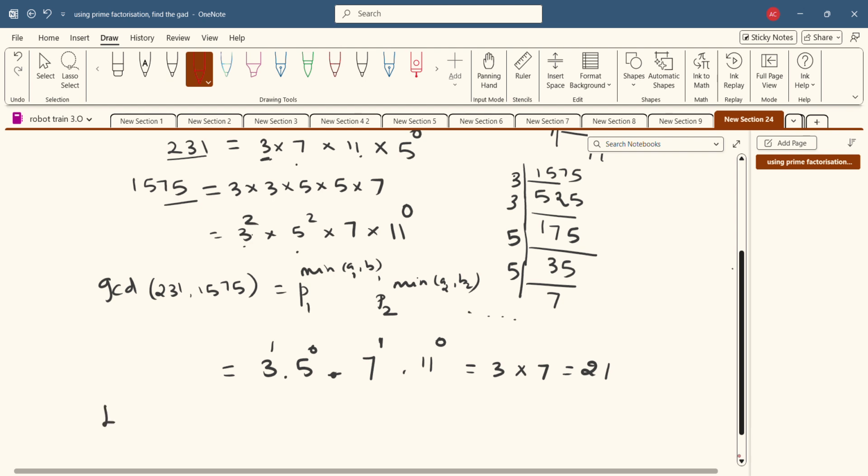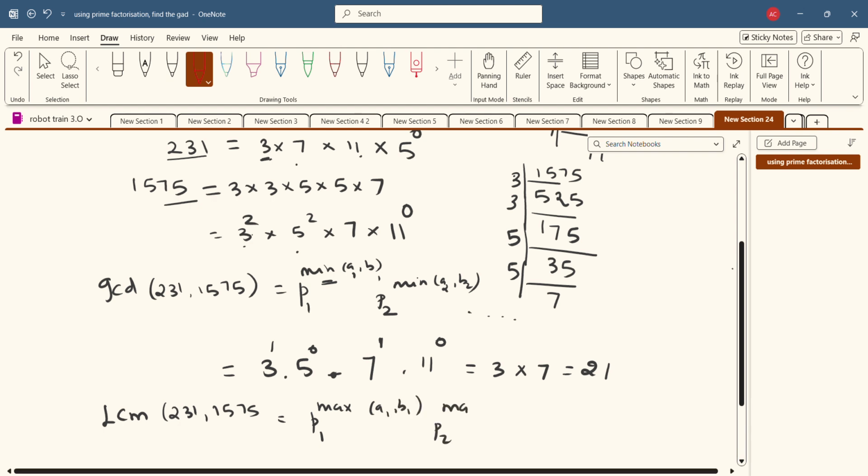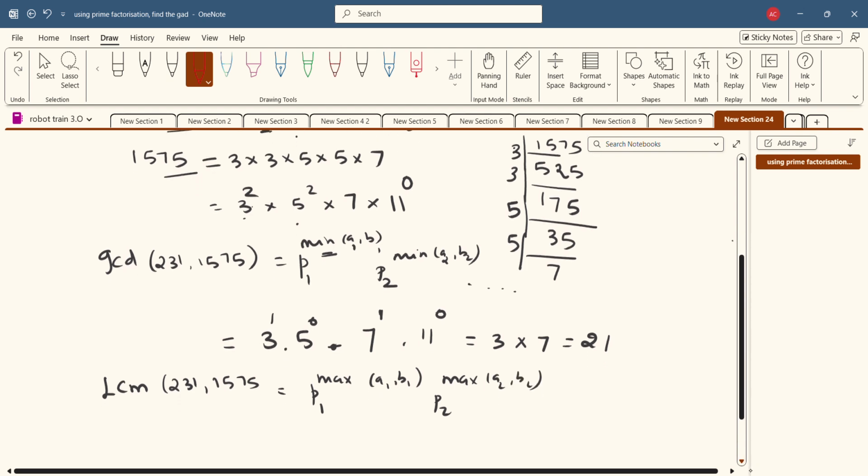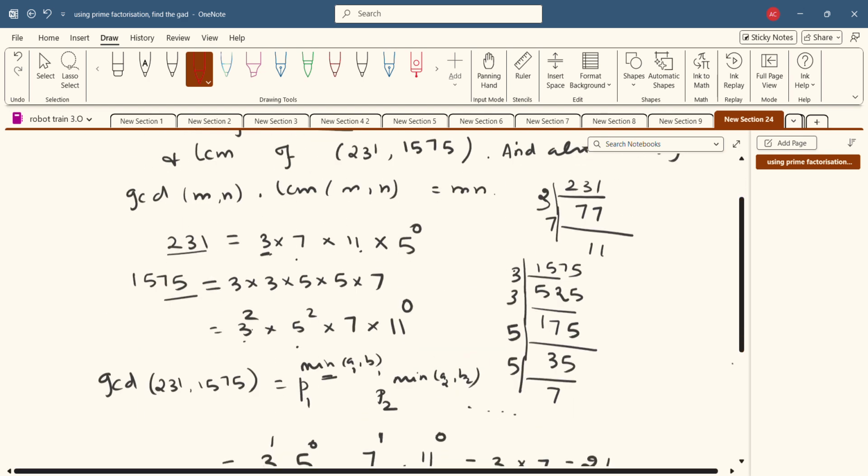The same thing I can do for the LCM of 231 and 1575. We have the same formula, the only difference is that here we take the maximum instead of the minimum. For the prime 3, the powers are 1 and 2, so the maximum is 2. For 5, the powers are 0 and 2, so the maximum is 2. For 7, the power is 1 in both, so the maximum is 1. For 11, the power is 1.